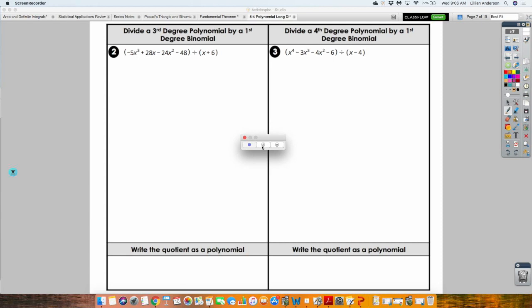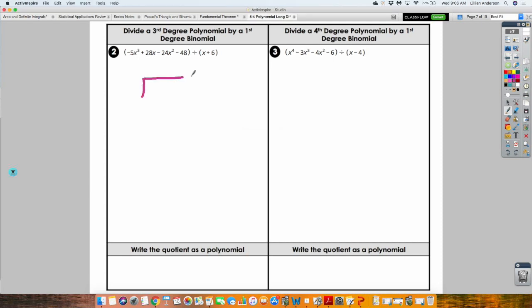It won't always be an x at the top. It really is going to be dependent on whatever the first term of your divisor is. Okay? What is the divisor in this problem? Number 2. X plus 6, so that goes on the outside. And then my quotient goes on the inside. I mean, not my quotient, my dividend goes on the inside. What do you notice about the dividend?